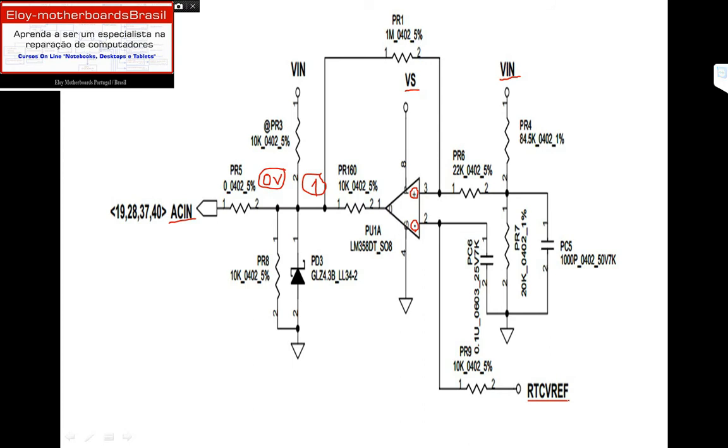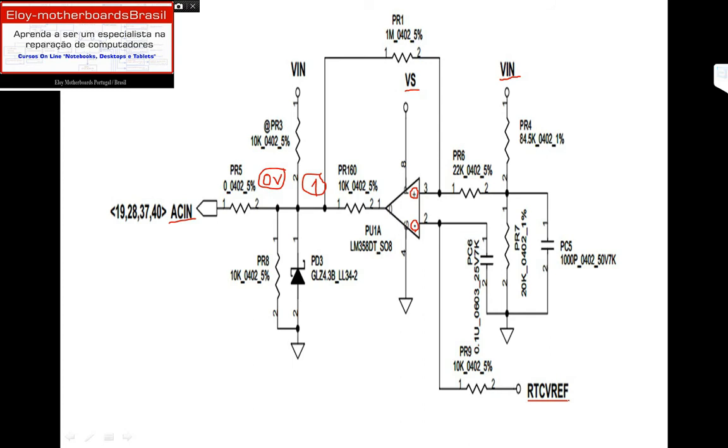So when we have no VIN voltage, why? Because PL1 is damaged, there's some fault on the input circuit, so VIN voltage is not present here.